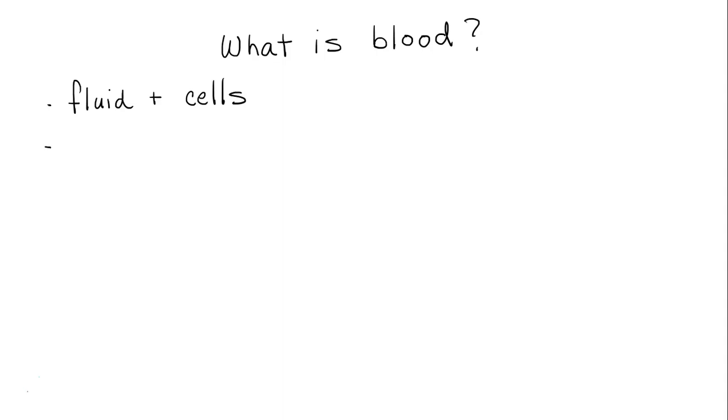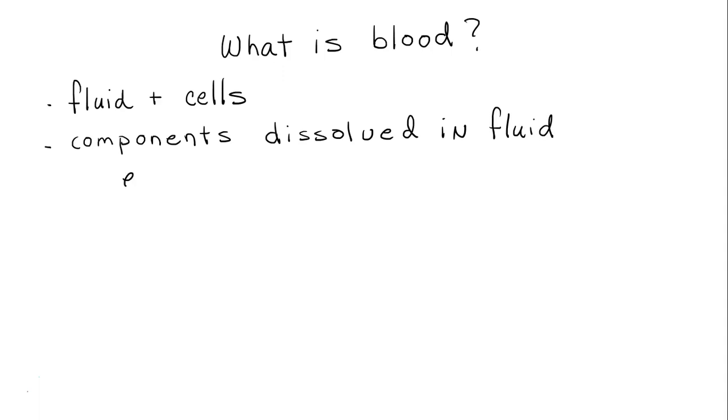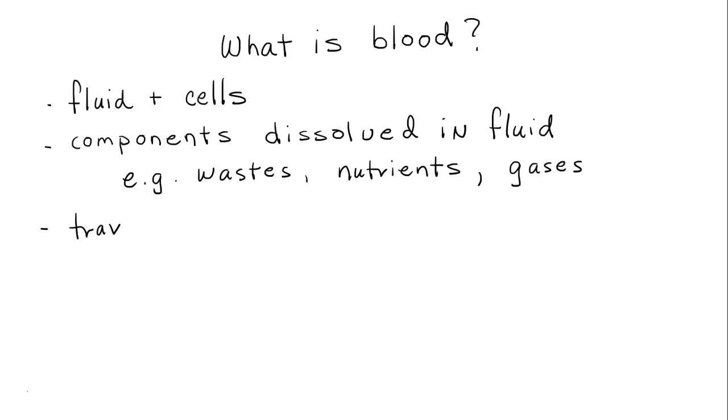Okay, and the fluid contains components that are dissolved in it, molecules and gases. Those molecules may be, for example, wastes, nutrients, and gases such as carbon dioxide and oxygen. And the blood is going to travel in blood vessels to all the tissues.